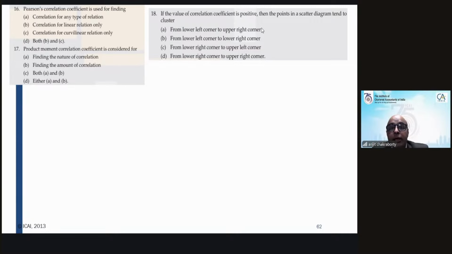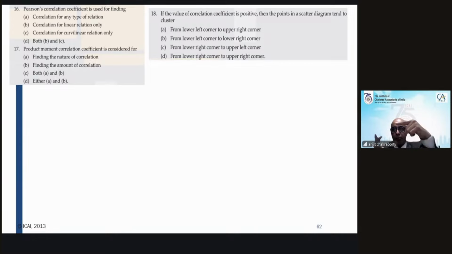Question number 18. If the value of correlation coefficient is positive, then the points in the scatter diagram will be what? Just imagine we have discussed and shown a number of correlation graphs, scatter graphs. Positive correlation means x जैसे increase कर रहा है, y भी increase कर रहा है. So just imagine x is going up, y is going up.